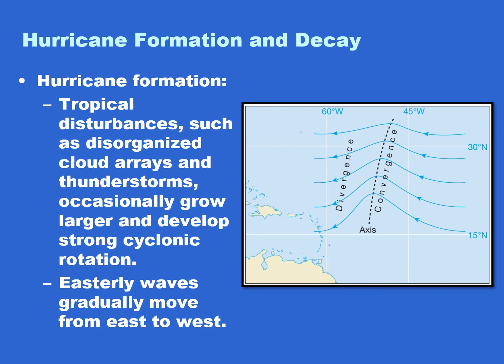So, what this slide is showing us is the formation of what they might refer to as a tropical wave. Okay, so this is before you get that rotary motion, that cyclonic motion. So it begins with a tropical disturbance, which is basically a disorganized group of thunderstorms and cumulonimbus clouds.